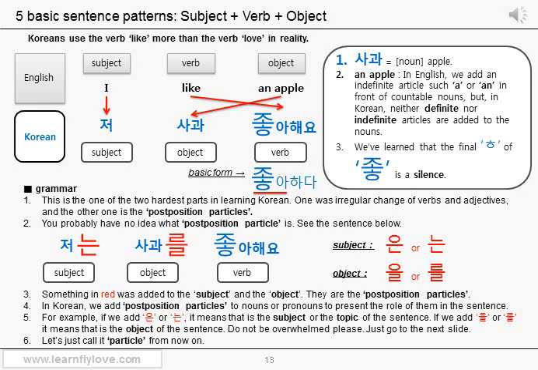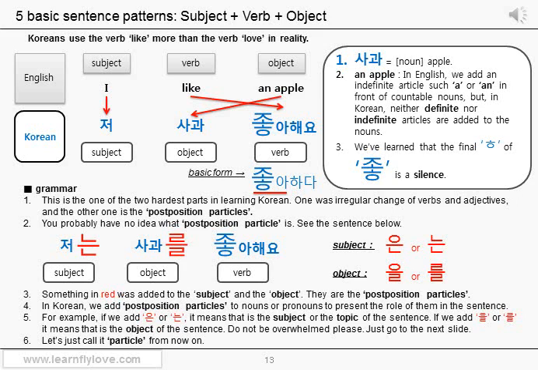They are the postposition particles. In Korean, we add postposition particles to nouns or pronouns to present the role of them in the sentence. Again, the postposition particles are added to nouns or pronouns to show the role of them in the sentence or the relation with the other words in the sentence.